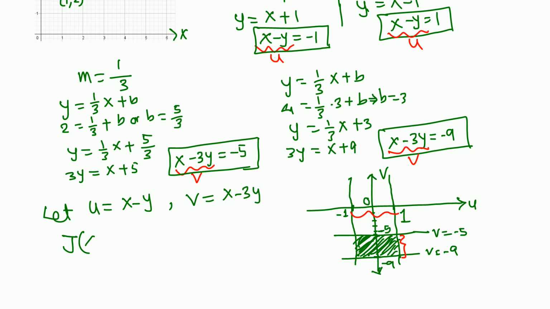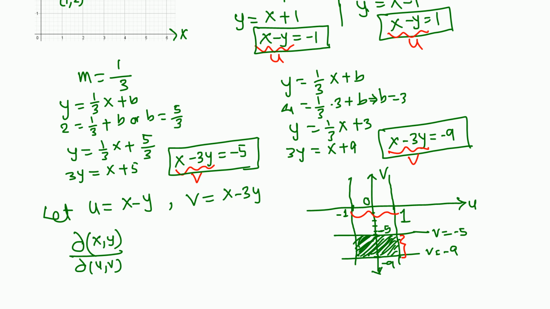That means we are converting, so we need this in that formula when we are making the change of variables. dx dy, xy's are being changed into uv. So we need to find this. Unfortunately, we found u equals and v equals.